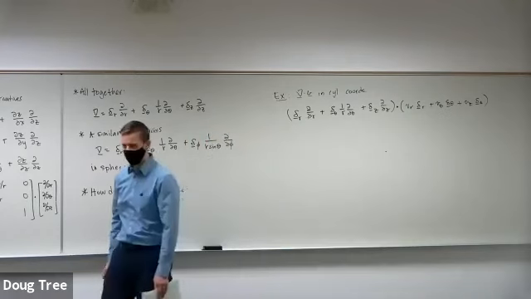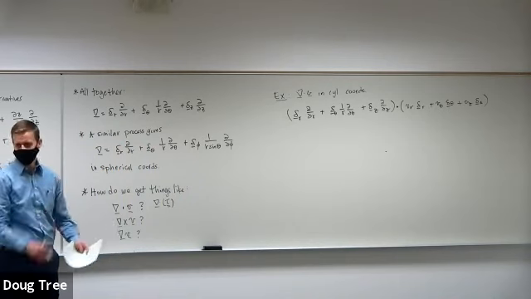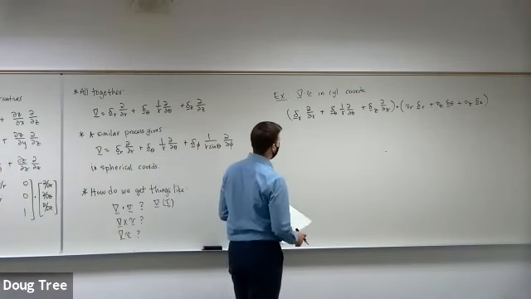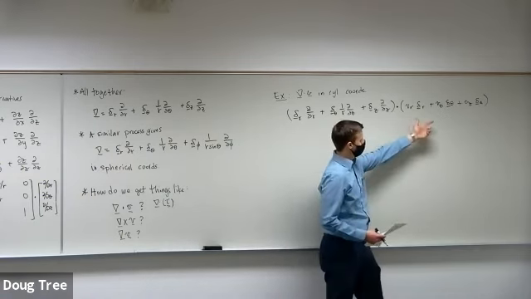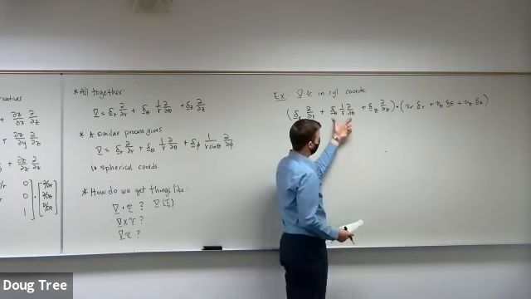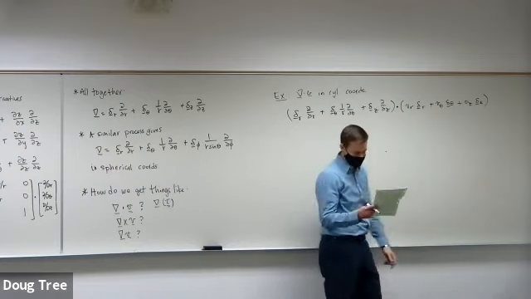That makes sense? Okay, so now I just have to multiply the whole thing out. So I take this one, multiply by that one, and that one, and then this one, multiply by that one, and that one, and so on and so forth.